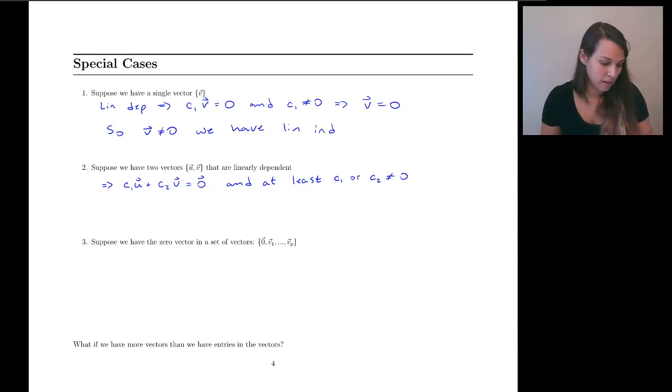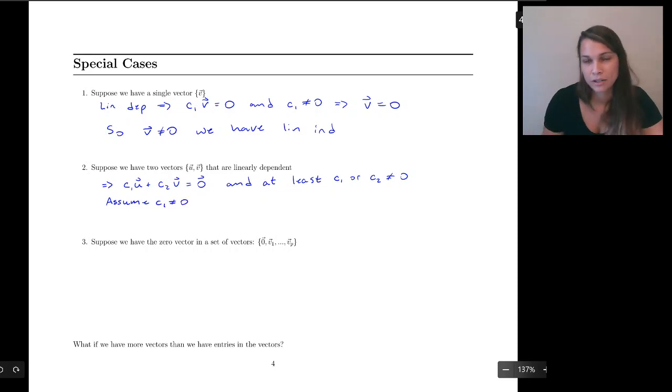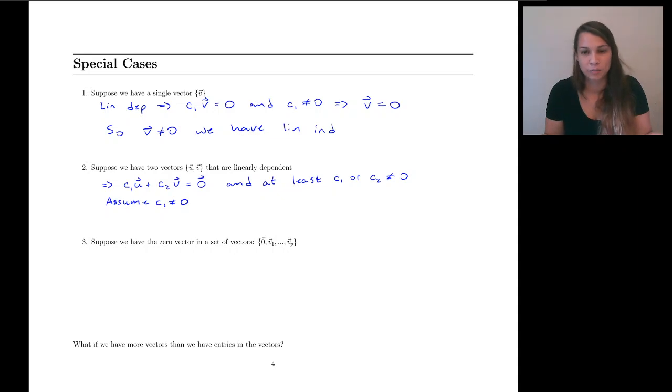I'm just going to pick one. We're going to assume it's C1 that isn't 0. And you could pick C2, it doesn't really matter. These are arbitrary. C1 is pretty much as good as C2 because U and V haven't been defined.